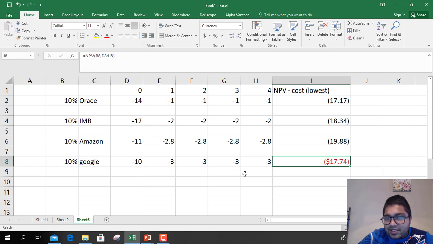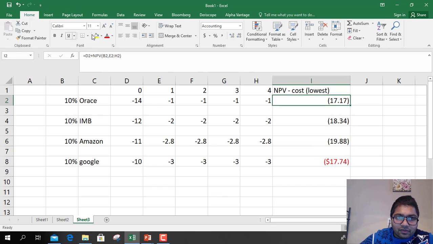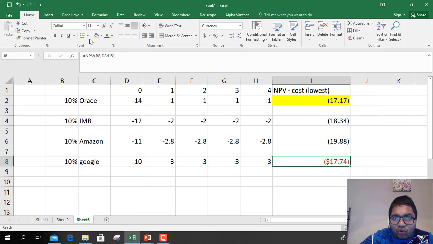So 17.74 is the cost of this project. So which one is the lowest? Lowest one is Oracle, followed by Google. So total cost of choosing Oracle is the lowest one, followed by Google.